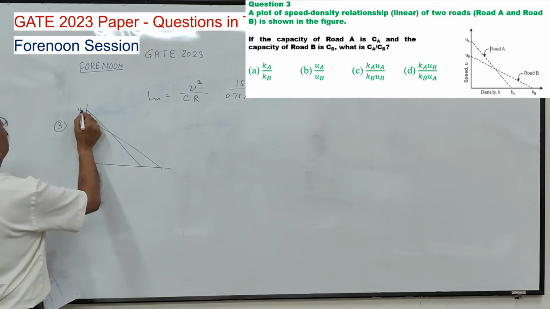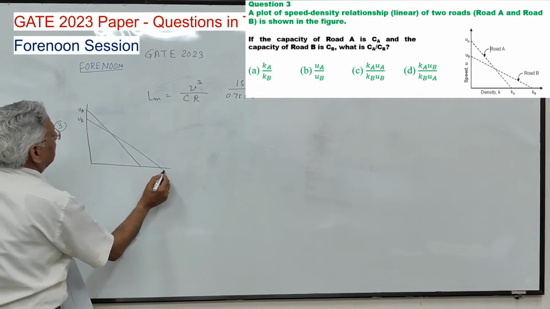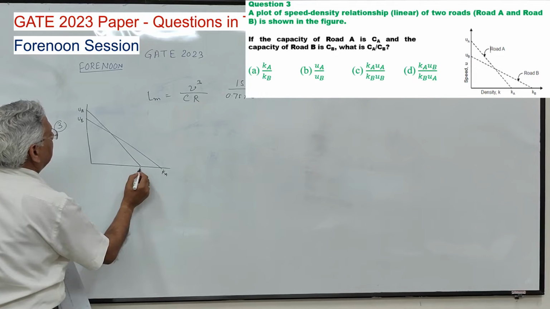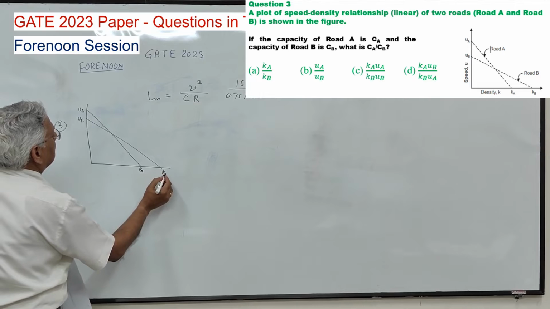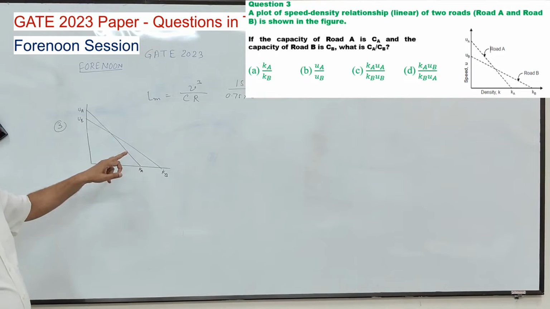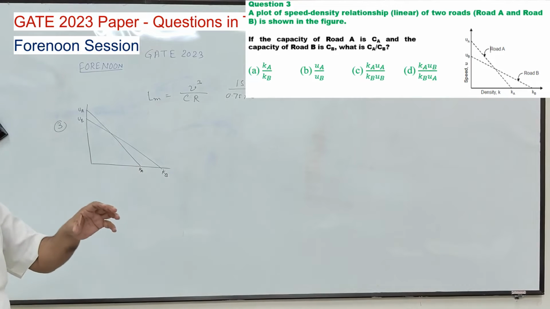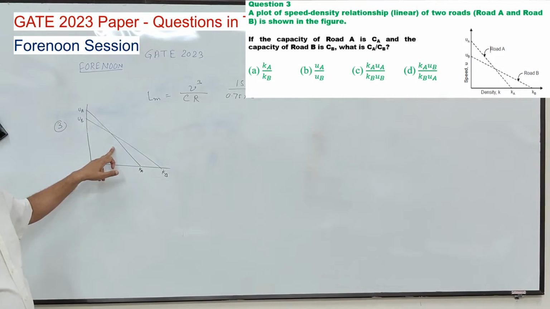This is UA and UB and KA and KB. Now, the question is, what is the ratio of capacity of these two roads, A and B?